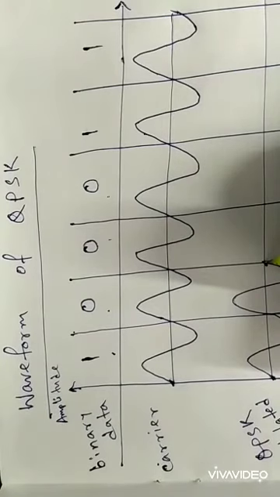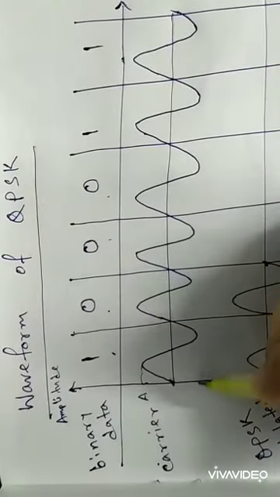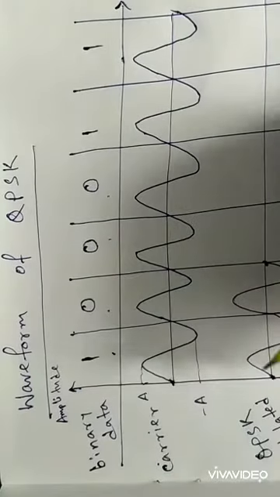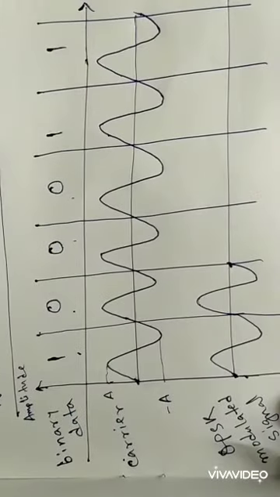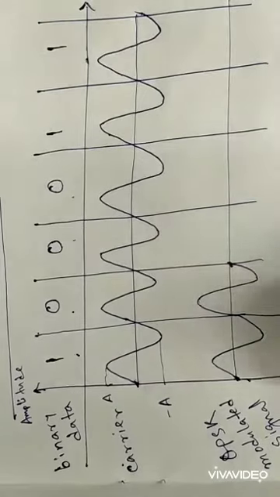If there is a 90-degree phase shift, and this is the amplitude A and this is minus A, that means there is an amplitude change of A. Why?